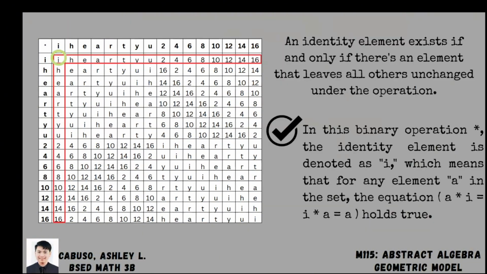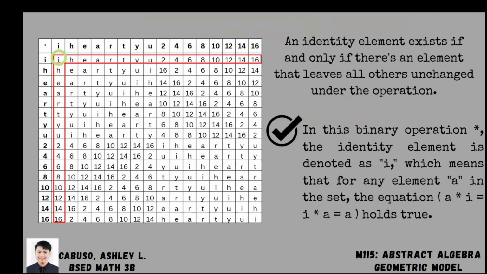Next, the third condition, does an identity element exist? An identity element exists if and only if there's an element that leaves all others unchanged under the operation.